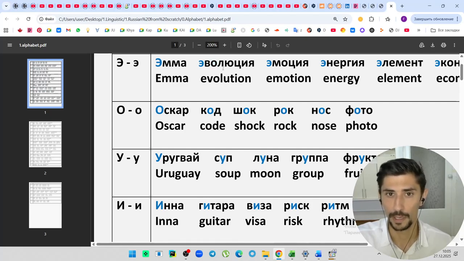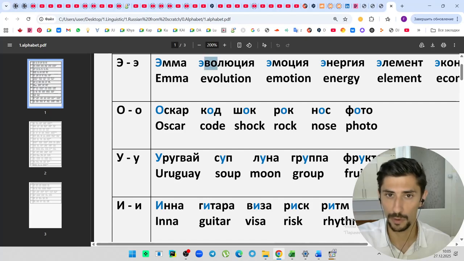Sometimes the letter O is pronounced like A. Why? It happens when the accent is not on the syllable where we have this letter O. For example, this word has the accent on this syllable, evoluция, and that's why this letter O is pronounced like A. Eva, evoluция.